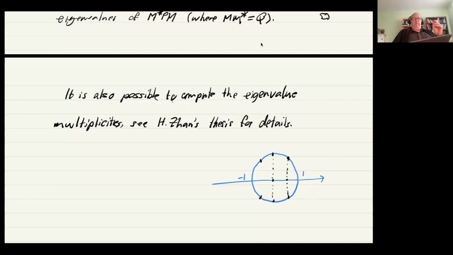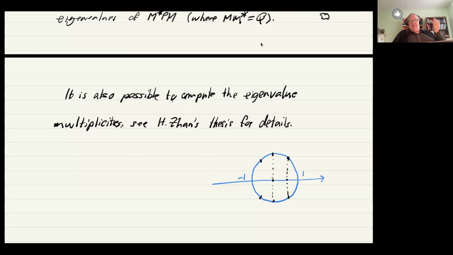Now, the point I want to make here is if you've got a unitary matrix, and I know the real value of an eigenvalue, okay, so I know this point on the line, then I know there's only two choices for the eigenvalue of U. So if you give me the real part of an eigenvalue of a unitary matrix, I have only two choices.